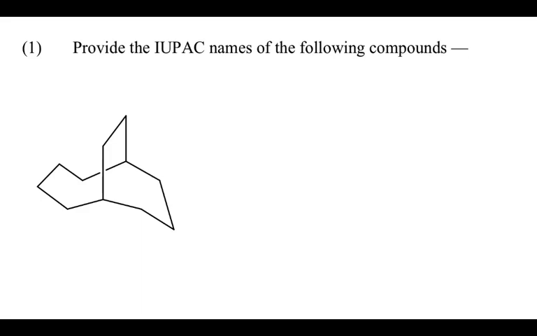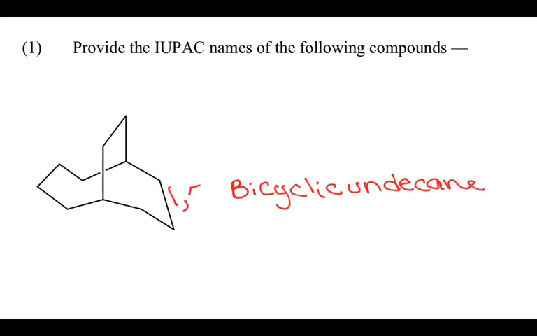So what we do with bicyclic compounds is we basically just say bicyclo and then the total number of carbons in the framework. And then we have to analyze the bridges, like how many bridging points there are. So bicycloundecane, that's great.